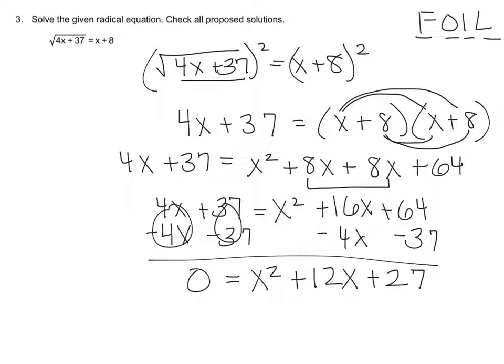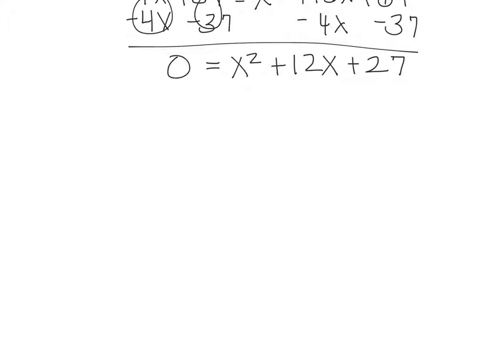Now I have x squared plus 12x plus 27. We will factor this polynomial into two sets of parentheses and set them equal to 0.